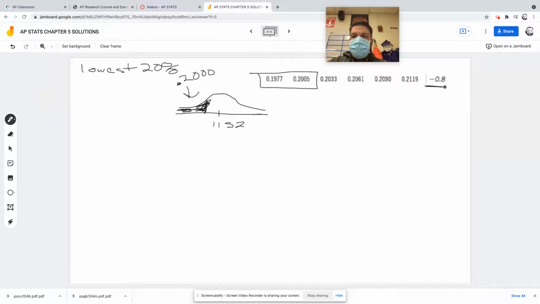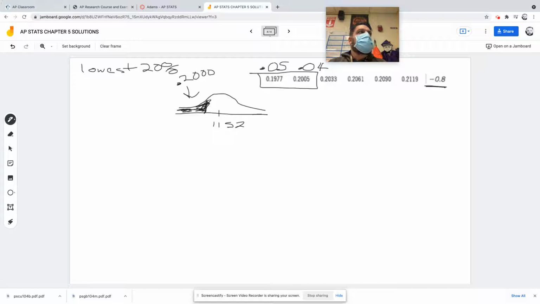And I have a negative z-score. And then the column that those belong in is 0.05 and 0.04. So this is 0.05 and this is 0.04. Okay?